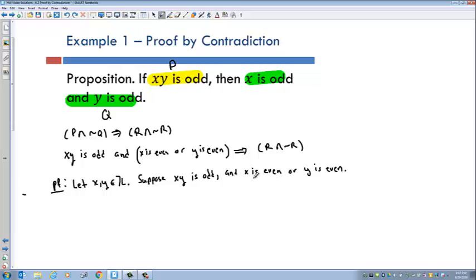Actually, if you think about it, it really doesn't matter which one we assume is even, x or y. So we can say something like, without loss of generality, we may assume x is even, because this proof will work either way.